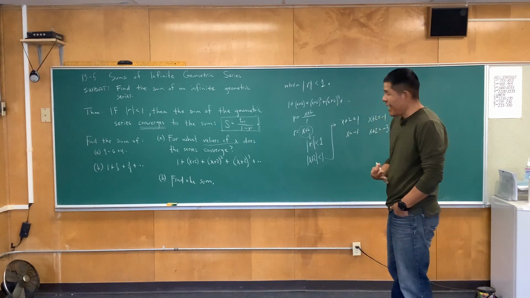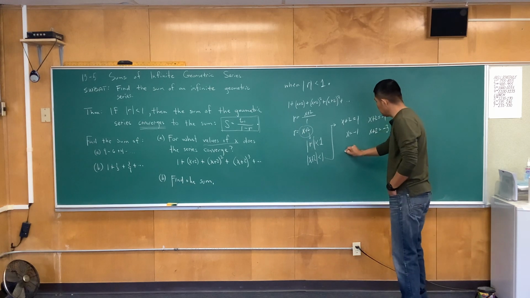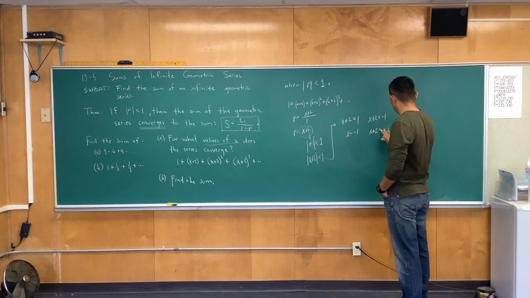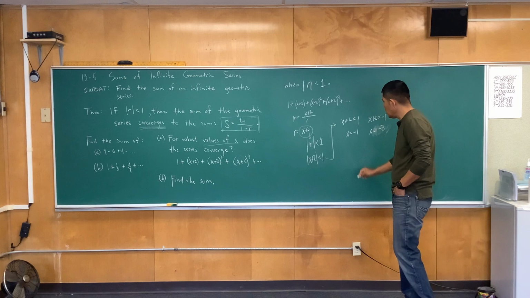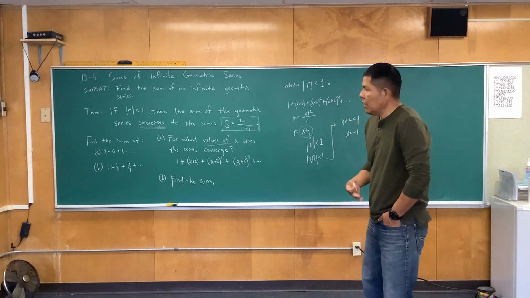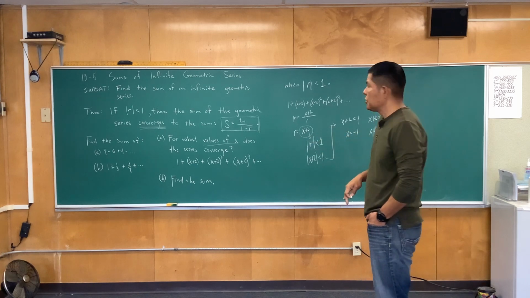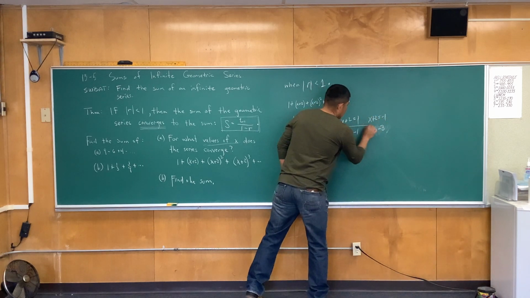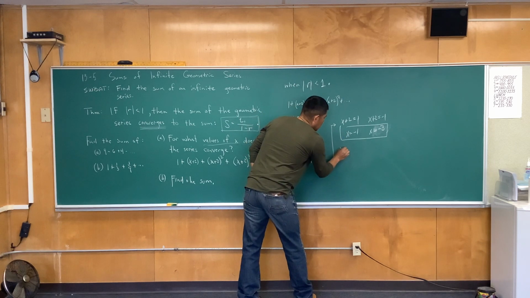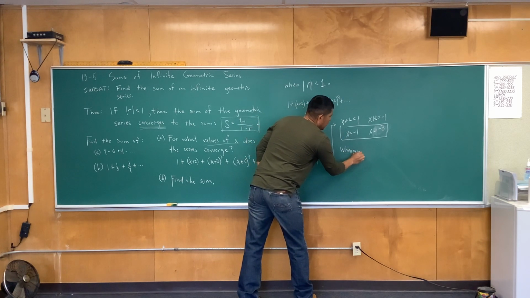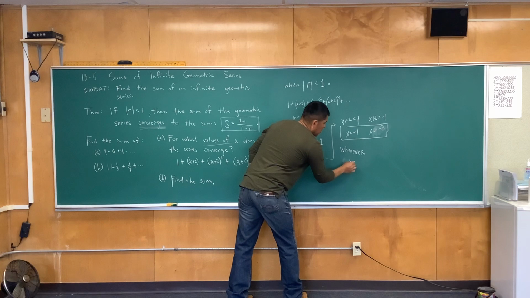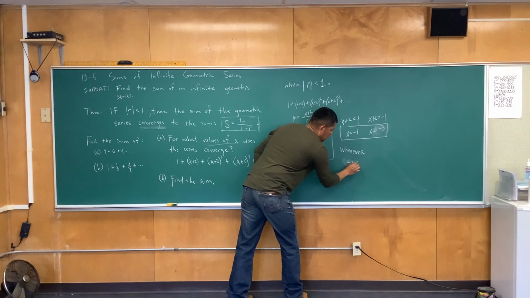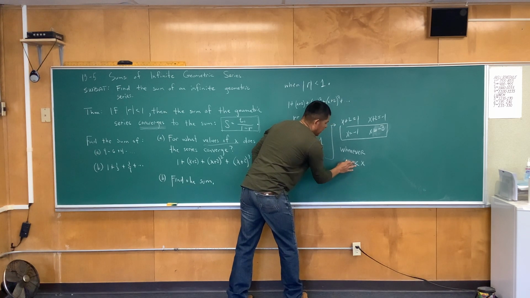So the boundaries are x equals negative 1 and negative 3.